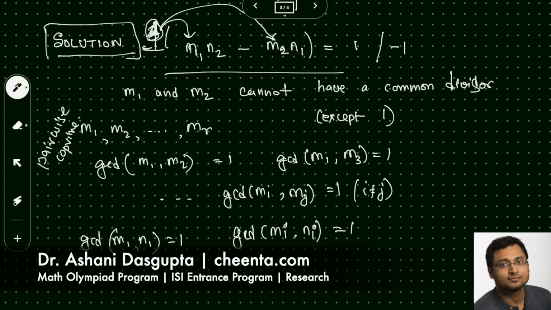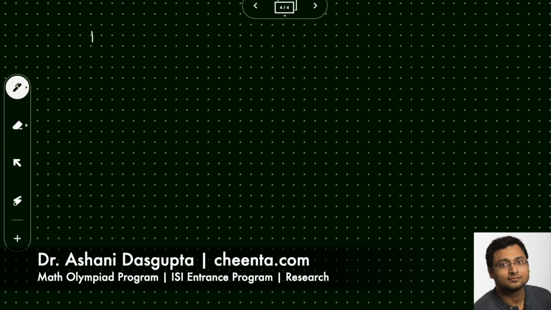Now the question is, what would be the parity of m1, n1? Suppose there are a bunch of numbers m1, m2, up to mr, n1, n2, up to nr.